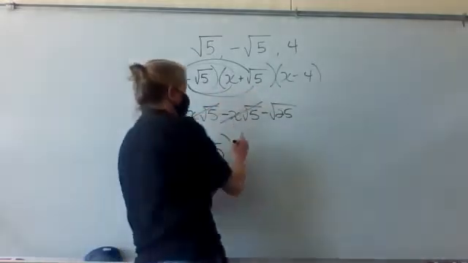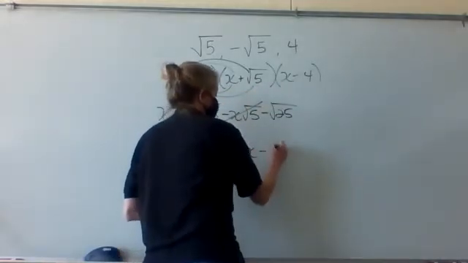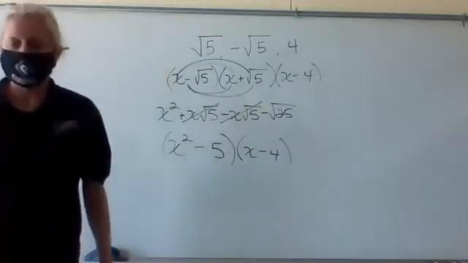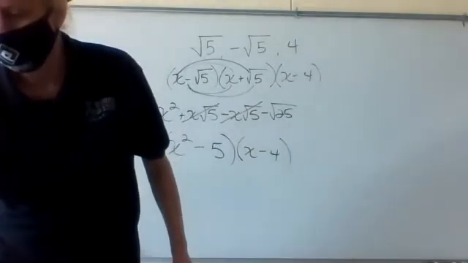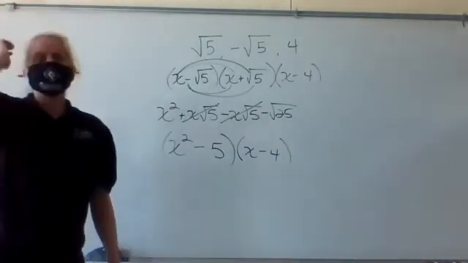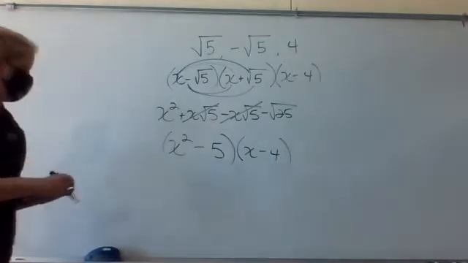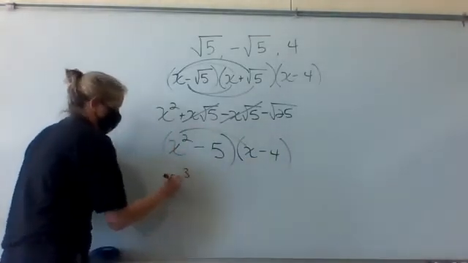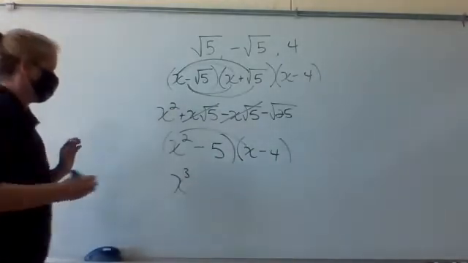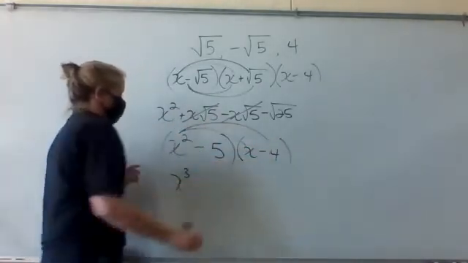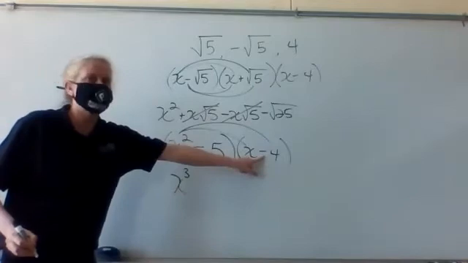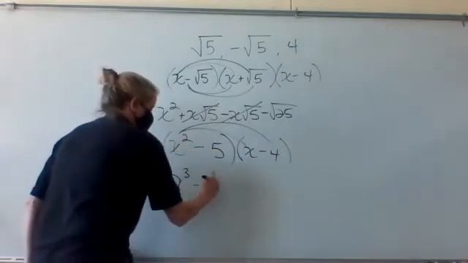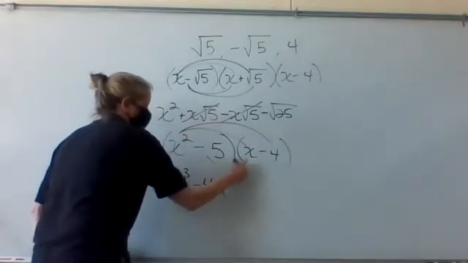Now I need to multiply that times x minus 4. And just FOIL that. My first, x squared times x, is x to the third. My outer, x squared times negative 4, so negative 4x squared.